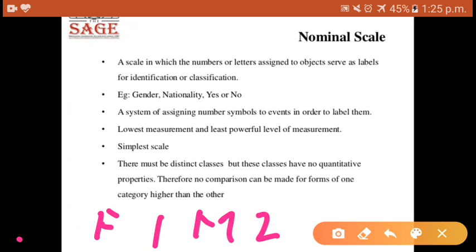This is what is being explained over here. Therefore, no comparison can be made for forms of one category. I am assigning these nominal numbers to them only so that I can put my data into SPSS. That is why it is being done. Is it clear to all of you?